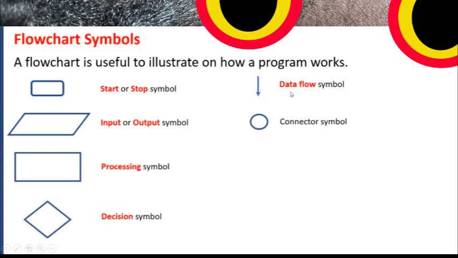Here we have data flow, and this indeed is the data flow. Here we have connector, and this indeed is the connector. And we shall tell you when you are writing how it connects. So it's a matter of paying attention in the coming lessons.